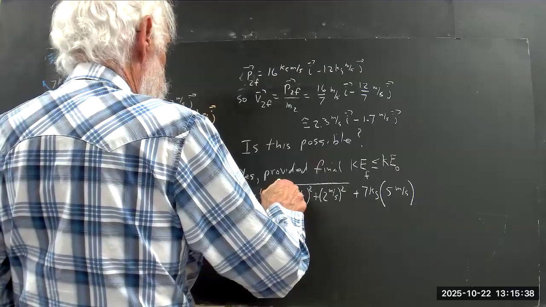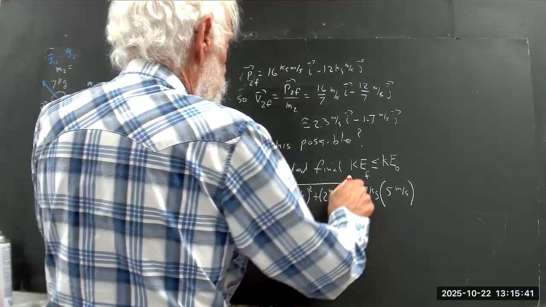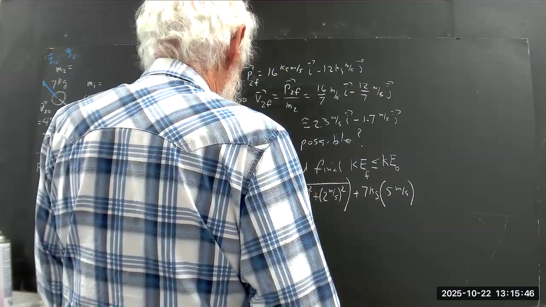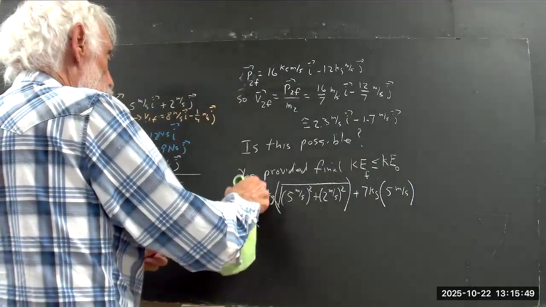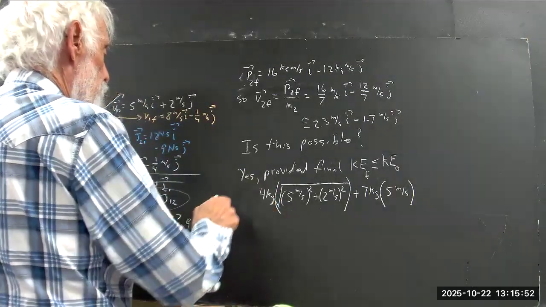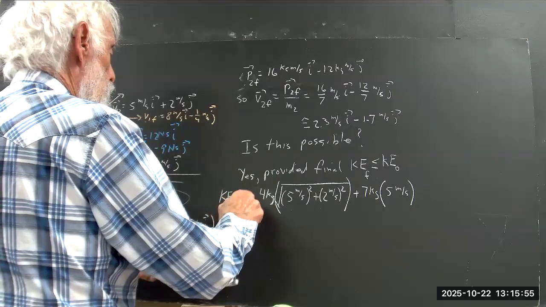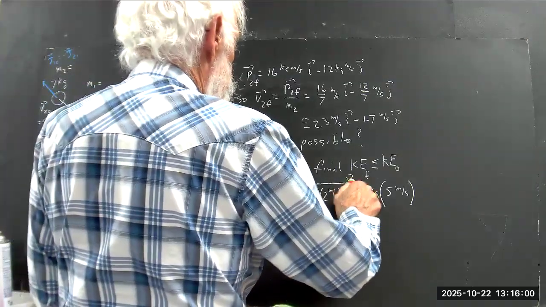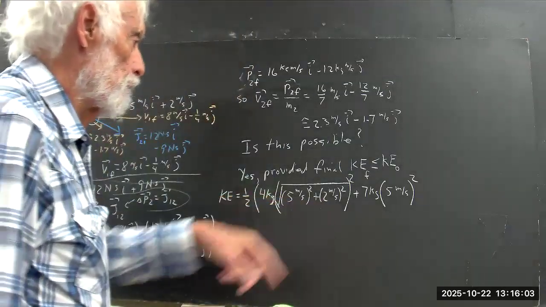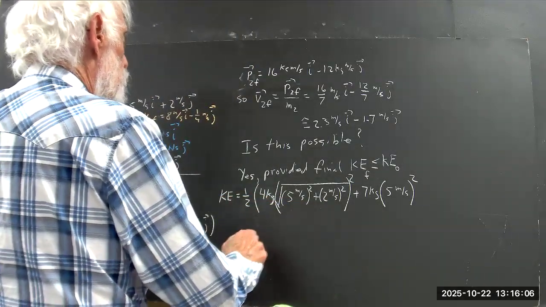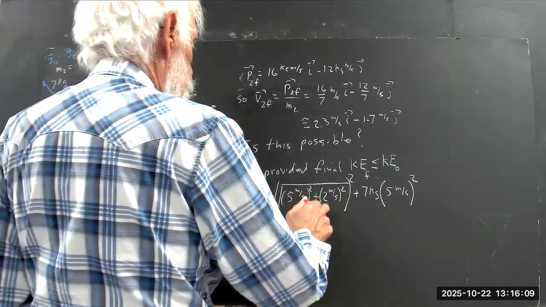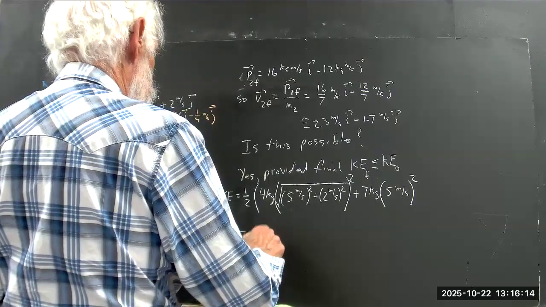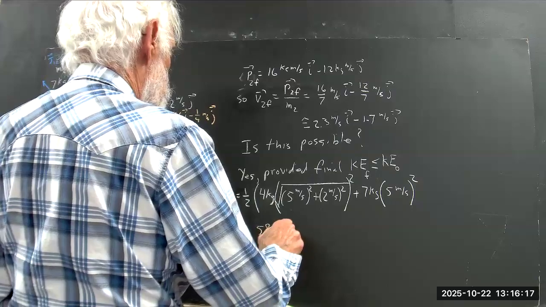Let me correct this. There's your speed. And the kinetic energy is 1/2 mv squared. So you got to square this square root. And you're going to end up with 2 kilograms times 29 meters squared per second squared, which is 58 joules.